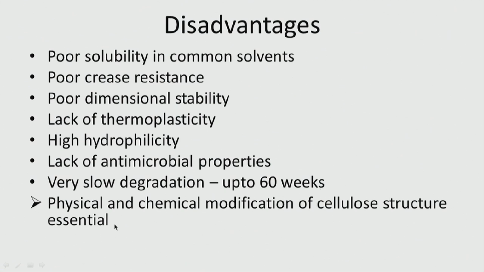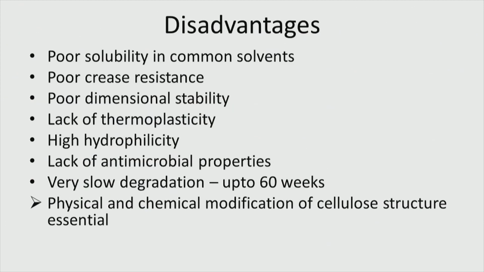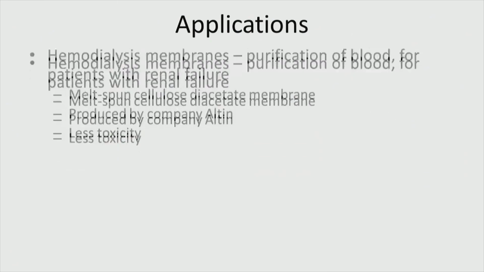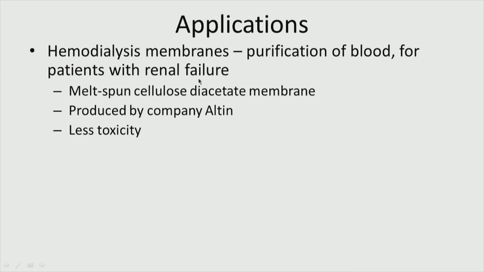So, what is done is physical and chemical modifications. We can remove some of the OH using acetyl, so that we reduce the crystallinity and also reduce the water solubility. So, applications: hemodialysis membranes. If you remember, those who have a problem with their kidney and it does not function properly, removing the urea and creatinine, obviously they have to have hemodialysis done for purification of the blood for patients with renal failure.